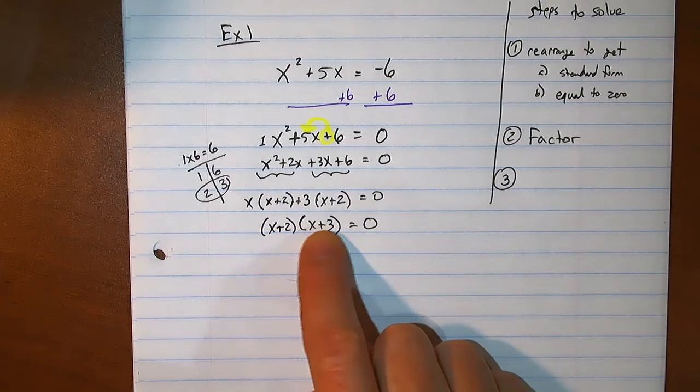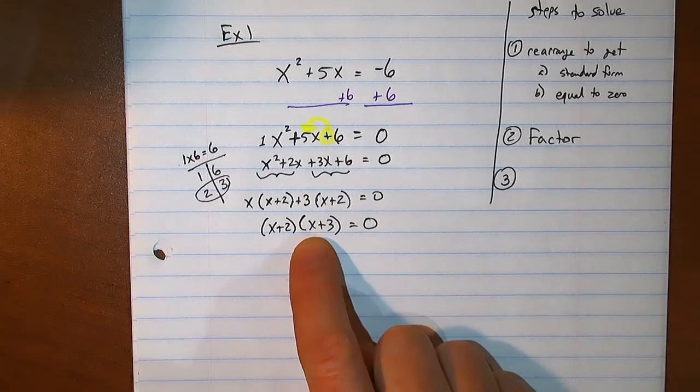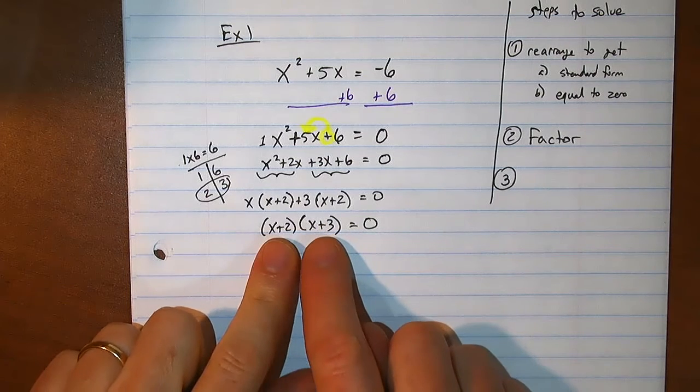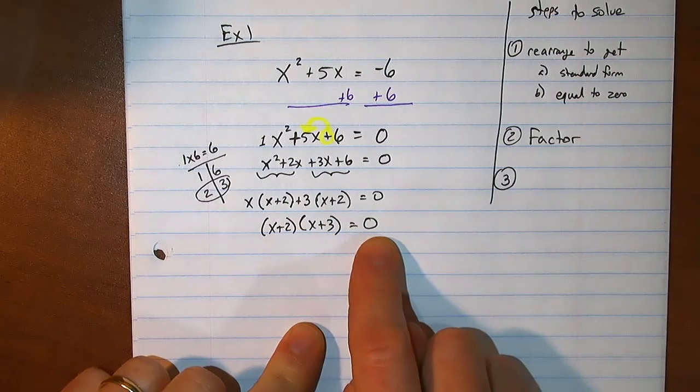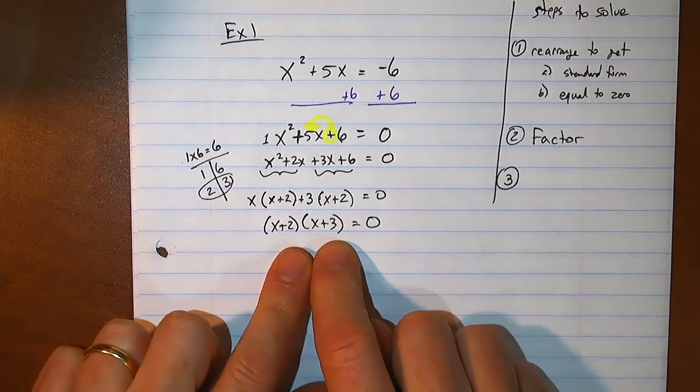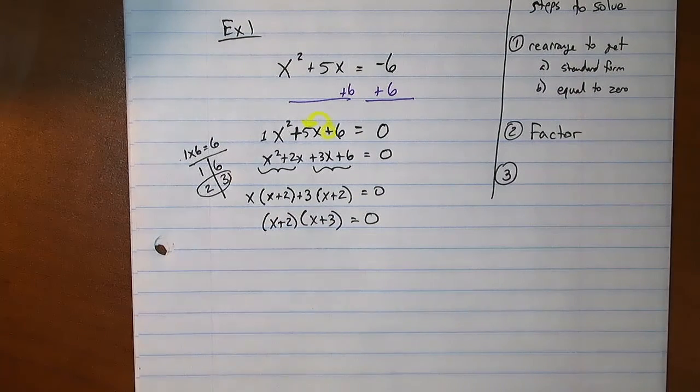I know it's different because this one has a plus 3, but again, is it 10 plus 3? Is it negative 69 plus 3? I don't know, it's something. So I've got two things being multiplied and they equal 0. While I do not know what either one of them is, I know that at least one of them has to be a 0.